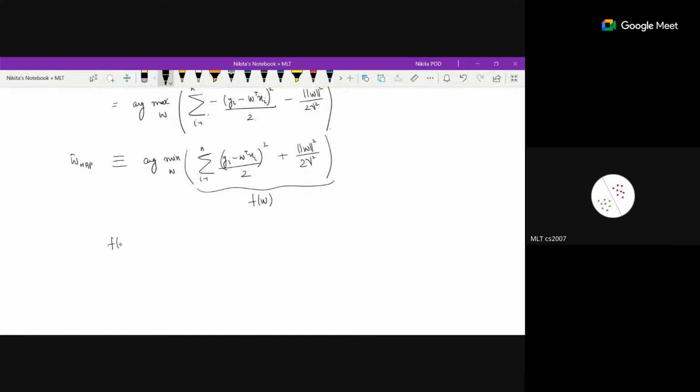One way to write this objective is norm of (X transpose W minus Y) square divided by 2, plus norm of W square by 2 gamma square, right? This is my F of W.